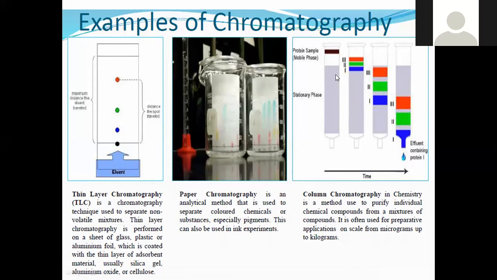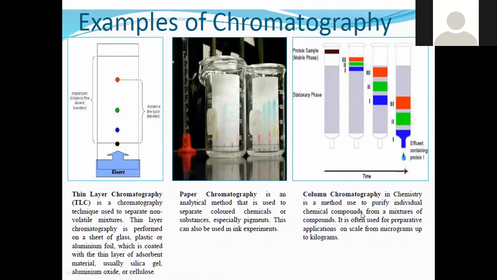For example, here we have a mixture of one red component, green component, and a blue component. When the mixture of compounds is loaded on the column, they are separated from one another, and by using different pH buffer mixtures, you can separate the blue component, green component, and red component.